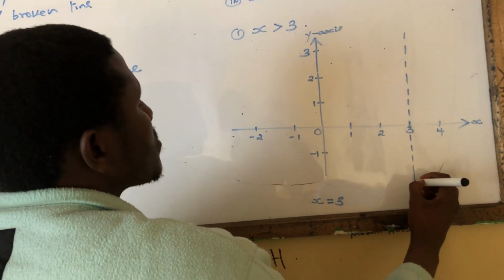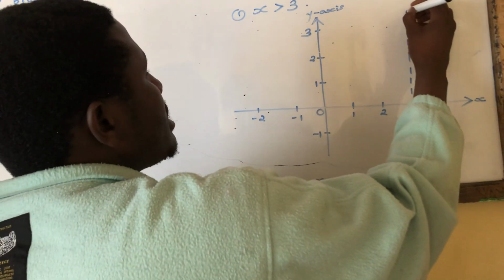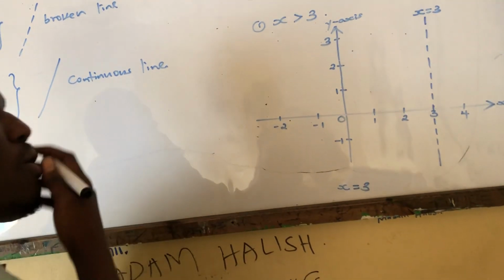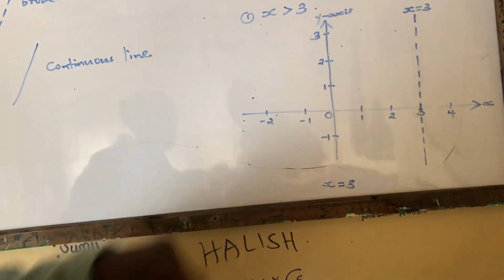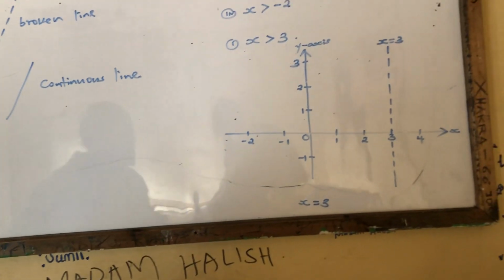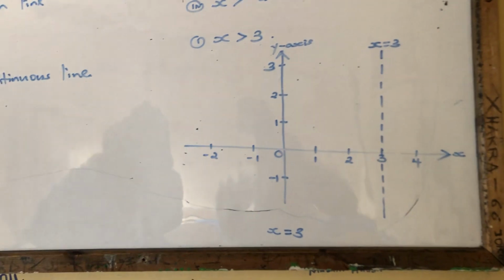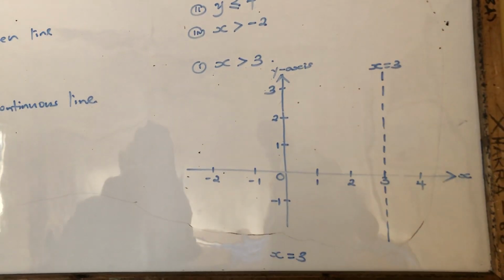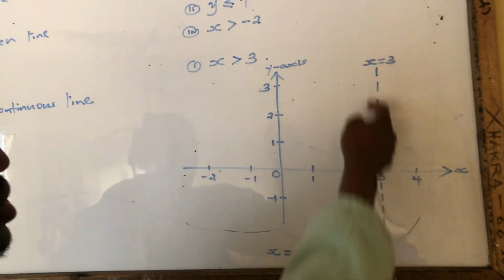Do take note, this line should be broken because of the inequality symbol that we have been given there. The line should be a broken line crossing the x-axis at 3. So this is the line x equals 3.